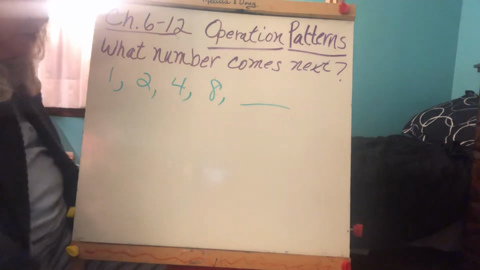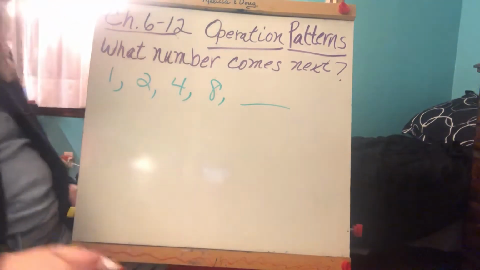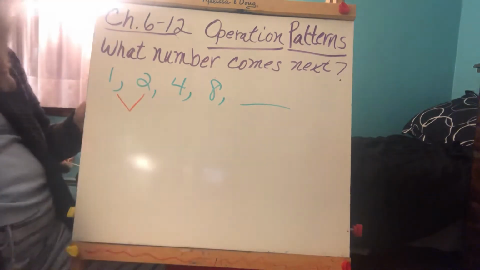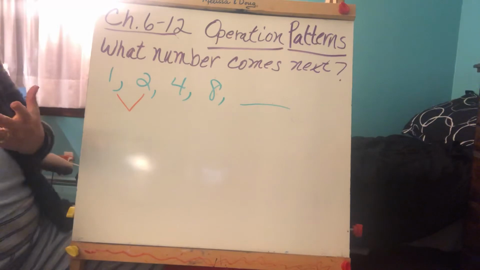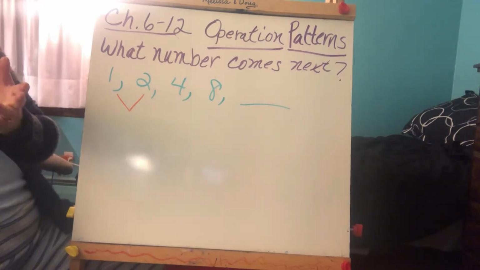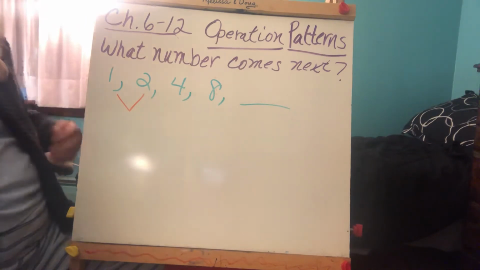Okay, so what do I have to do to 1 to get it to be a 2? Well, it's getting bigger, so I can maybe add, or I could do repeated addition, which would be multiplication.